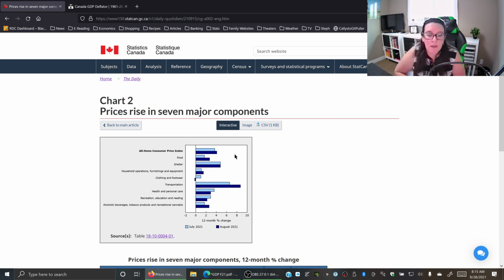So you can see here in the dark blue, the August 2020 to 2021, where has the greatest price increases come? And it's been in transportation. If we look at gas prices, they've gone up considerably in the last year from a multi-year low. You can see that clothing and footwear has fallen. That's the only little negative one that we see here. So we can see where we're seeing the most price increases by industry.